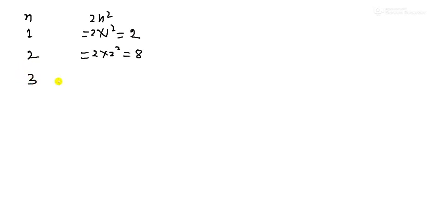If n is equal to 3, it is 2 into 3 square, that is 2 into 9, that is 18. If n is equal to 4, you can write 2 into 4 square, 4 fours are 16, and 2 sixteens are 32. So these are the maximum numbers of electrons in the orbit.